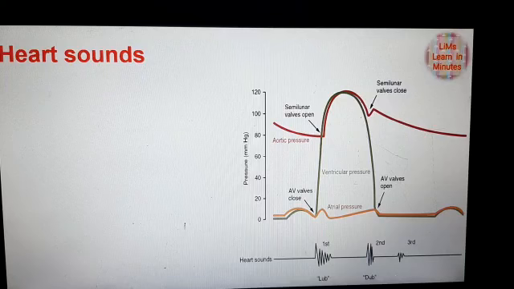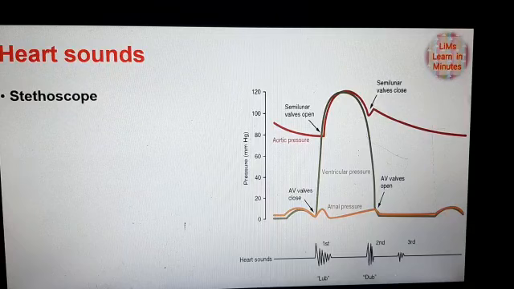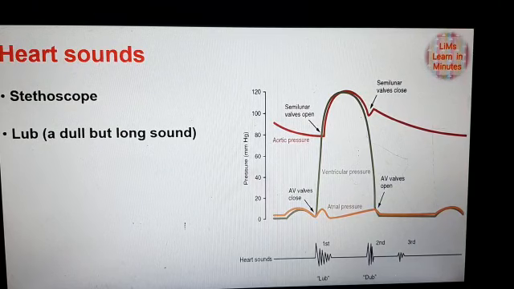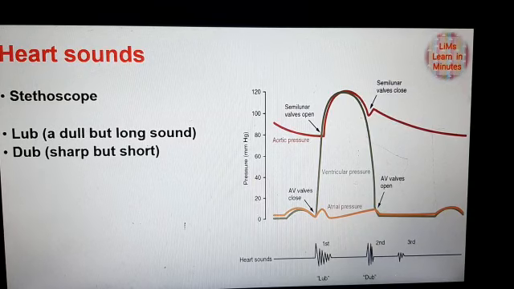Let's see heart sounds. Usually two types of heart sounds are heard through a stethoscope, a simple instrument used by doctors and nursing staff to hear heart sounds. One is lubb, a dull but long sound, and the other is dub, sharp but short.